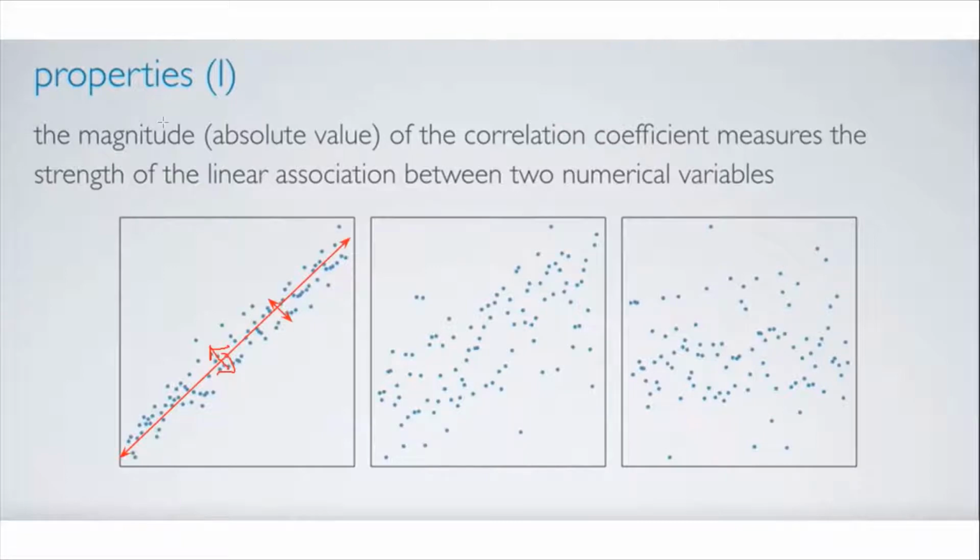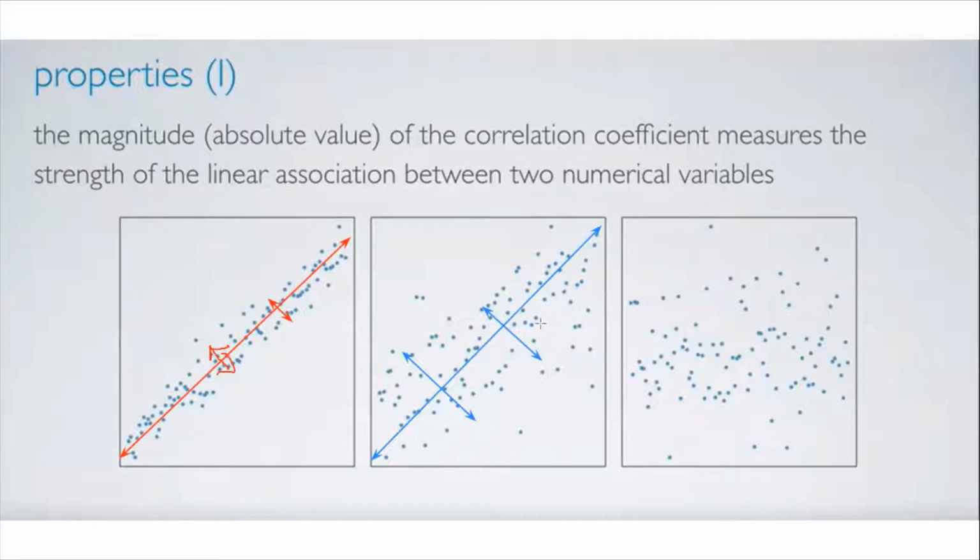So we'll talk about the strength of linear association. If you look at the second picture, we can draw a line too, but you can see that the points are more scattered than in the first plot. There is still the upward pattern, but the scattering is a little bigger.